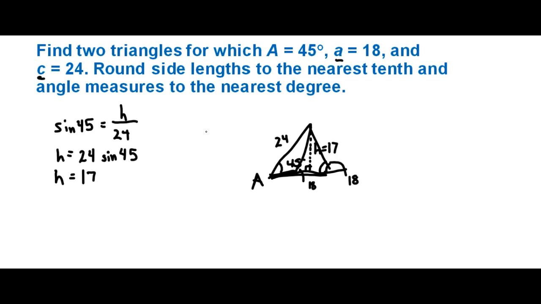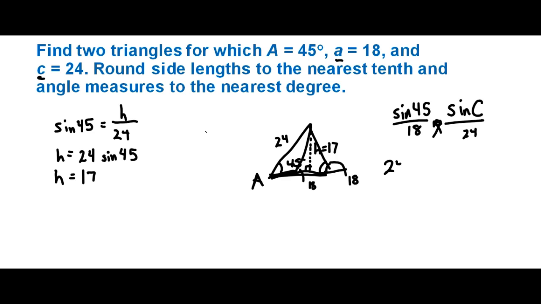We can use our law of sines, knowing that sine of 45 over side a, which is 18, is equal to sine of whatever this angle is. We'll call it capital C, since that's what they're calling that side, over 24.